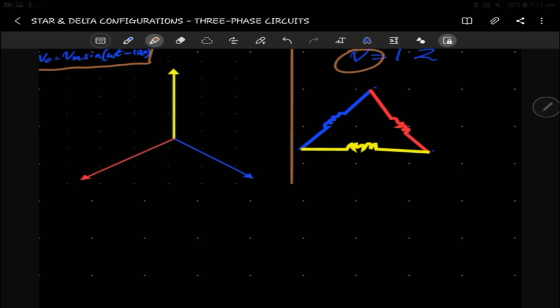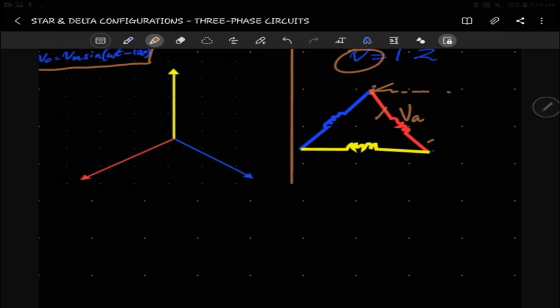When it comes to the delta, the phase voltage and the line voltage have a relationship. If we try to measure the voltage across this one here, let's say V, the voltage across the side, and we measure the line voltage, we've seen that the line voltage is from the end of one phase to the other.